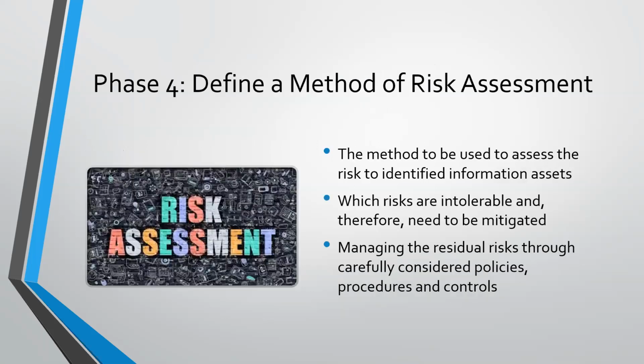Phase 4 is going to be define a method of risk assessment. Companies need to define and document a method of risk assessment. While the ISO 27001 standard does not specify the risk assessment method to be used, the following points should be considered: the method to be used to assess the risk to identified information assets, which risks are intolerable and therefore need to be mitigated, and managing the residual risks through carefully considered policies, procedures, and controls.